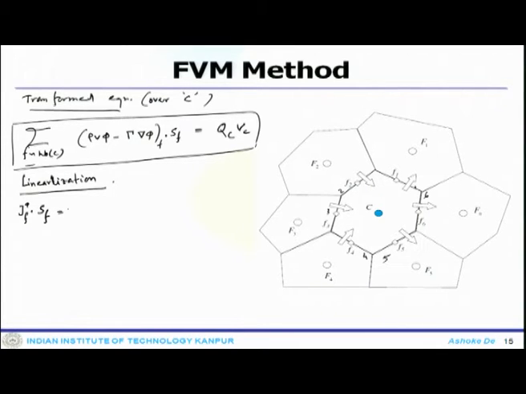You can say this is the total flux TF, and that can be linearized as the flux CF plus flux FF plus flux PF.